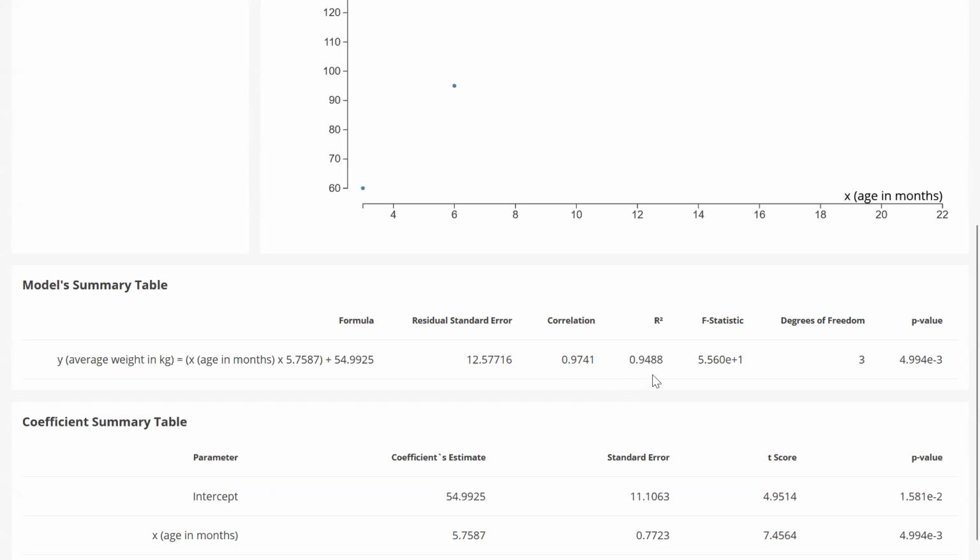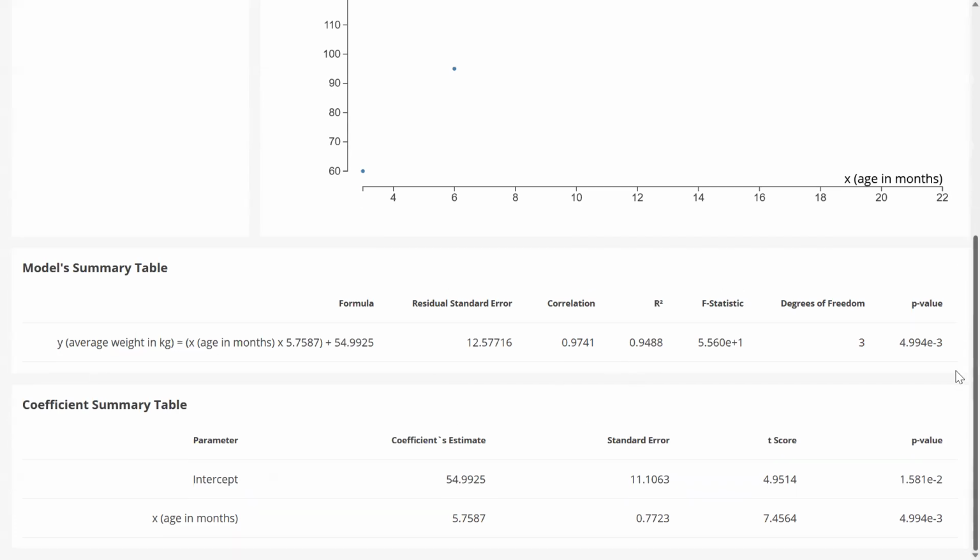And this is our R squared, and then our F statistic, our degrees of freedom, and what have you. Here at the bottom, you have your summary. So you have your intercept and other stuff. But for right now, we want to look at the R value, which is 0.9741.